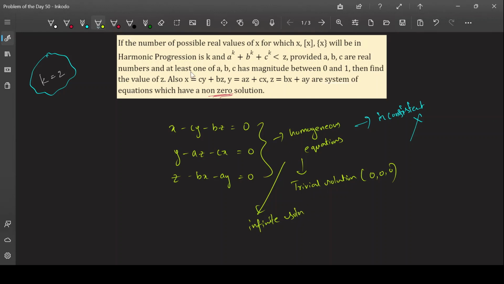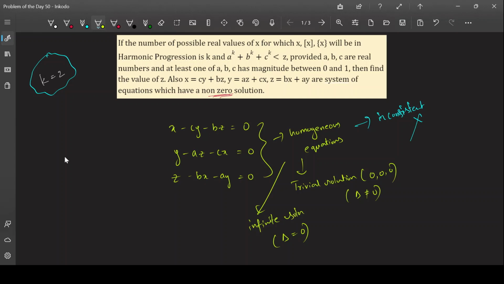What is the difference? In the trivial solution the delta will not be equal to 0, and in the infinite solution the delta would be equal to 0. Because it is a non-zero solution, it cannot be a trivial solution, so it could only be an infinite solution. So if it is an infinite solution, then delta would be equal to 0.